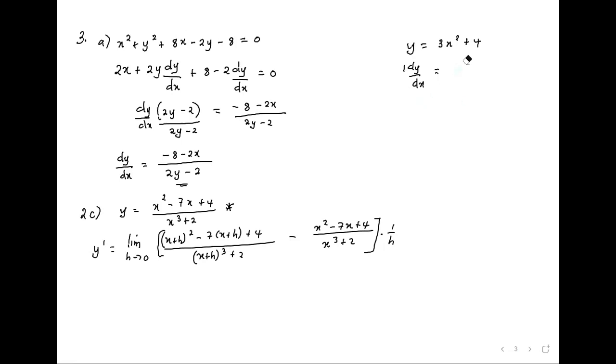So what would happen if there was a product at some point? So let's do C. x cubed plus xy minus x squared y squared is equal to 7.